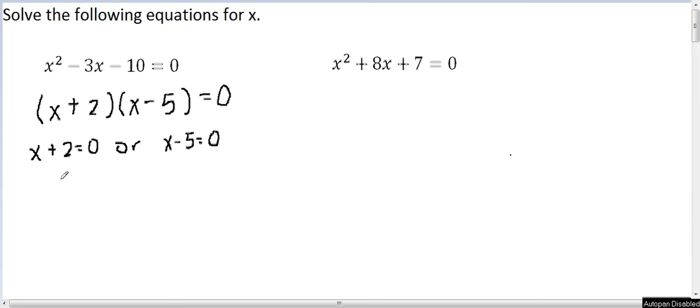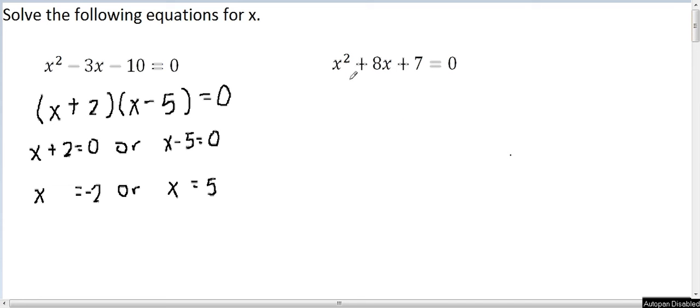For the first equation, we subtract 2 from both sides, which gives us x is equal to minus 2. For the other equation, we add 5 to both sides of the equation, which gives us x is equal to 5. So the two solutions to this first equation are x equals minus 2 and x is equal to 5.